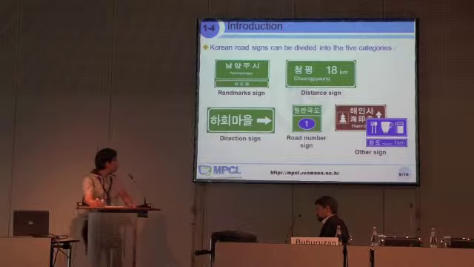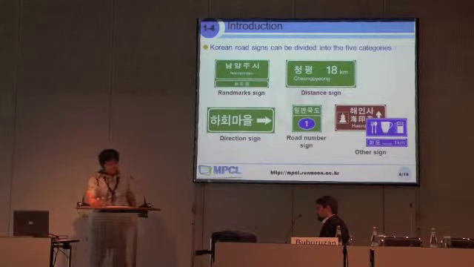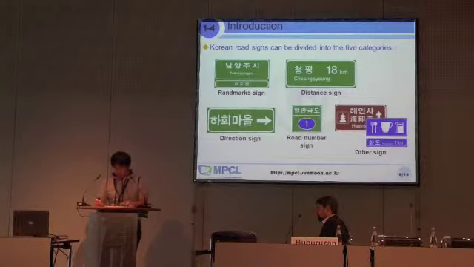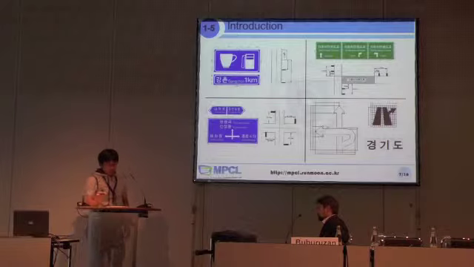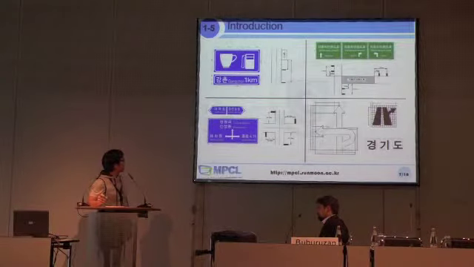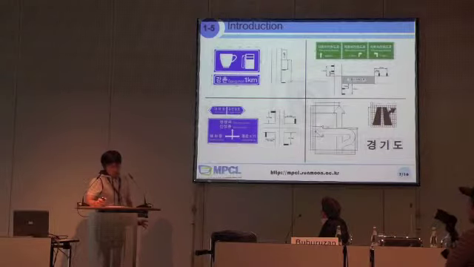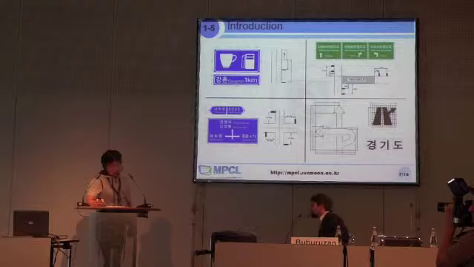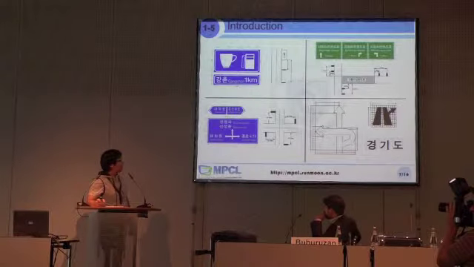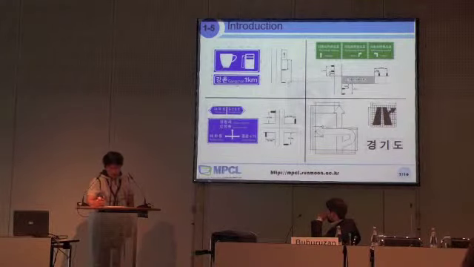Each category has different characteristics and applications. This figure shows an example of a road sign by the Korean government. Color, size, installation site, and characteristics in each category are regulated by the Korean government.